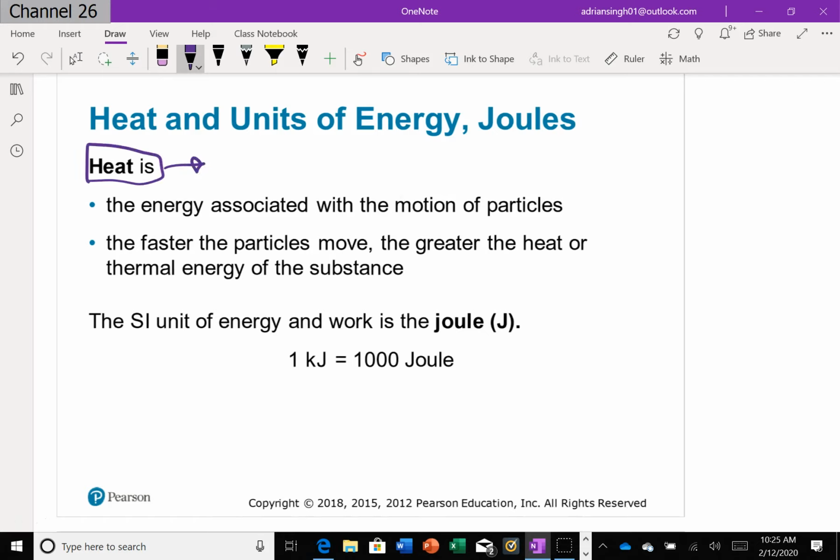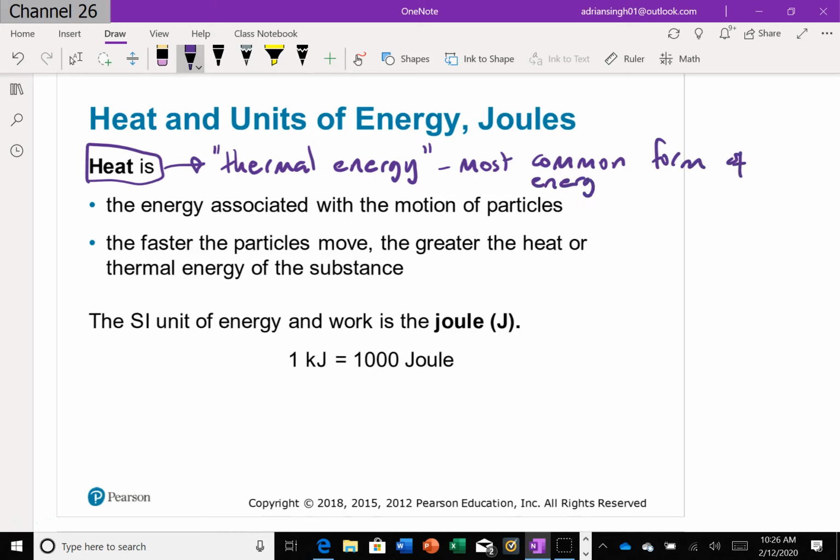So heat is also known as thermal energy, and this is the most common form of energy seen in chemistry.